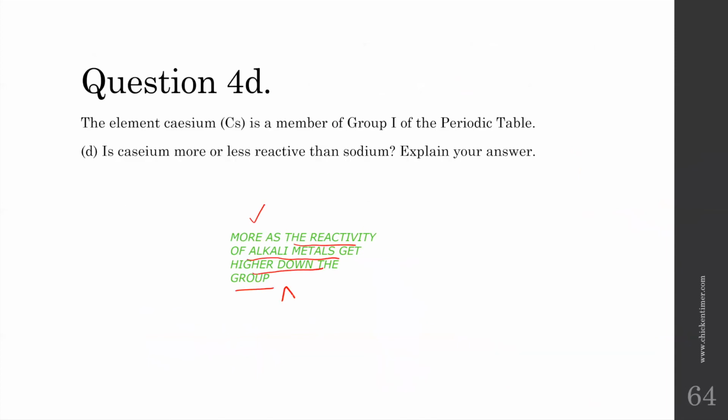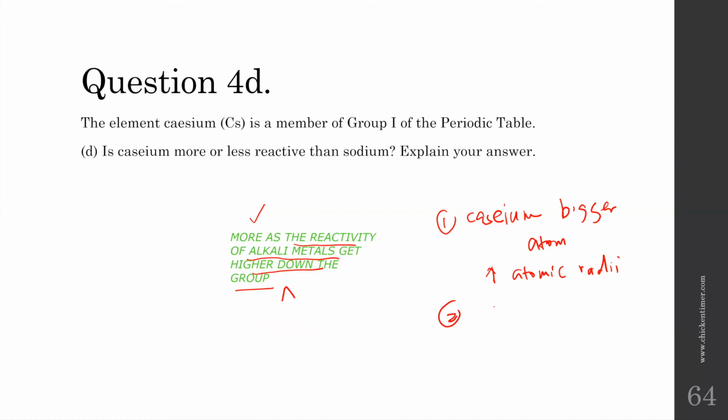So back to here, they say, is cesium more reactive or less reactive than sodium? Explain your answer. So you have to say that cesium is a bigger atom, or it has a greater atomic radius.